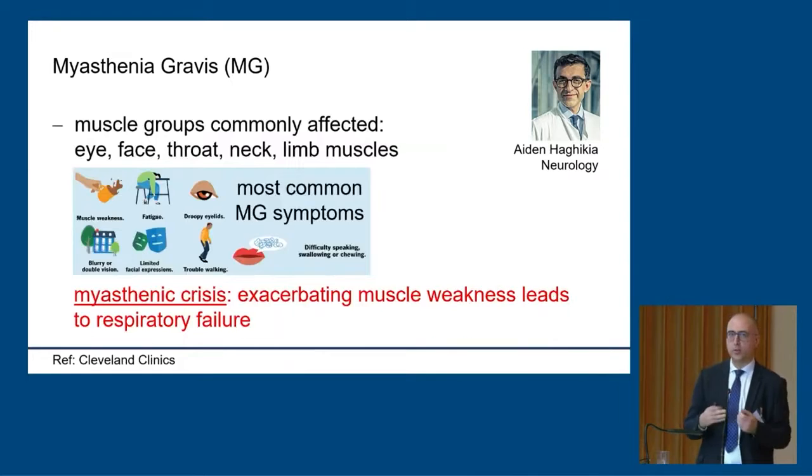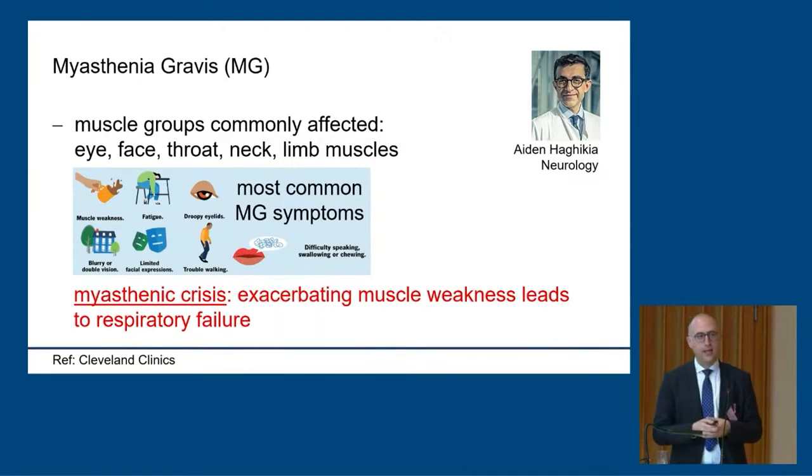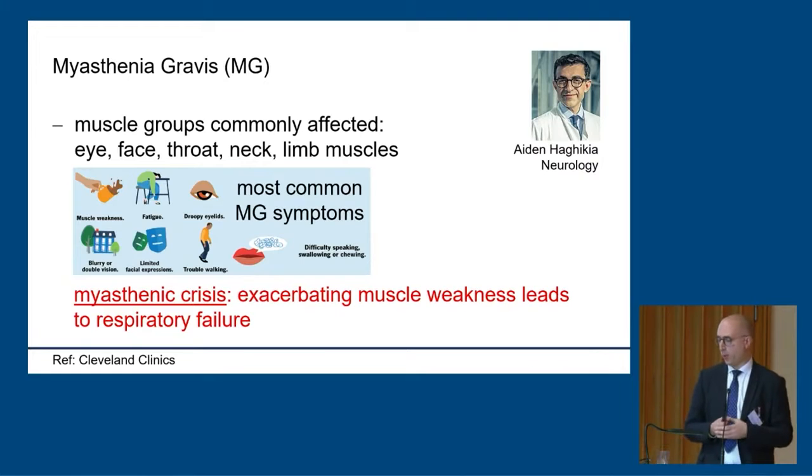All muscle groups can be affected, and certain muscle groups are more prone to be affected, like the ones in the eye, the face, the throat, the neck, the limbs. And out of the muscle groups being affected, you have the typical symptoms. The patients are fatigued, they have muscle weakness, they have blurry vision, they cannot open their eyes properly, and in some cases they cannot swallow and cannot speak very well.